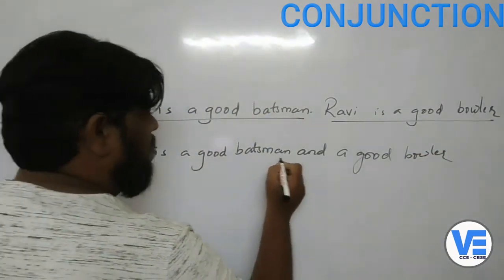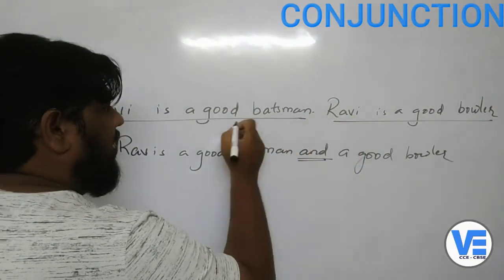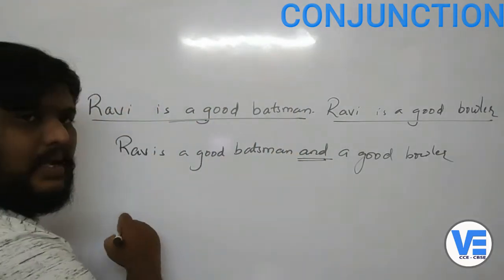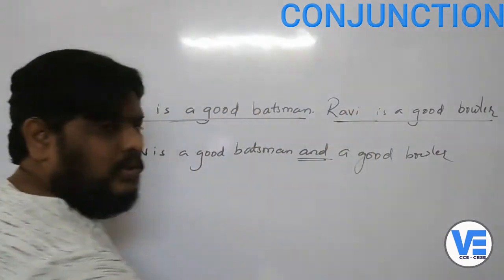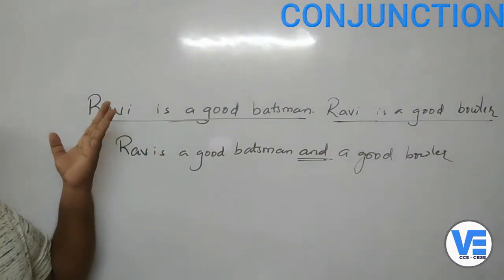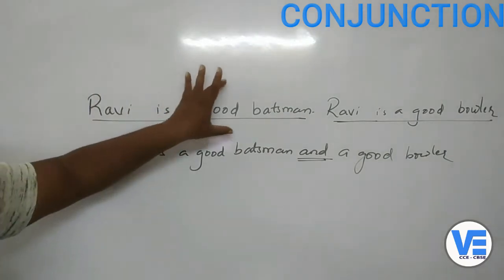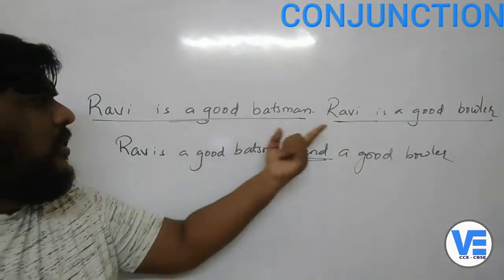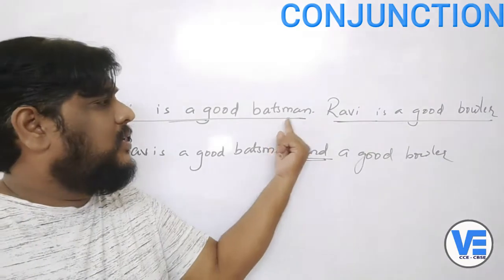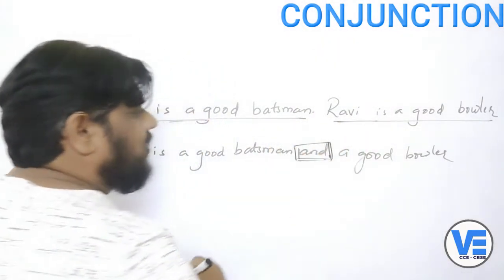These two sentences are equally important, and they show equality. Moreover, these are two independent sentences, but both are equally important. So I am using the word 'and' to join these two sentences.